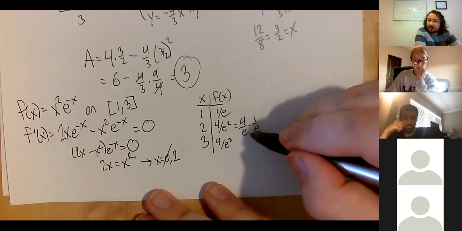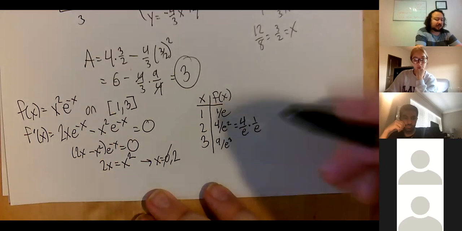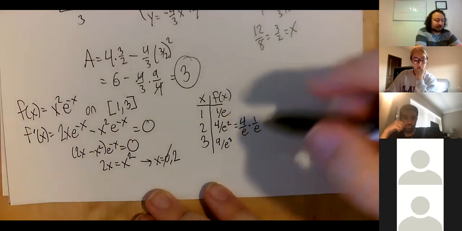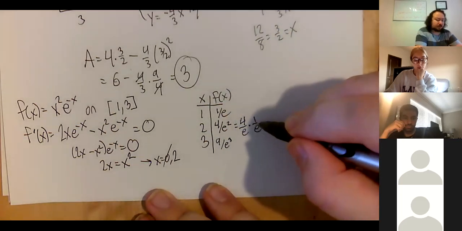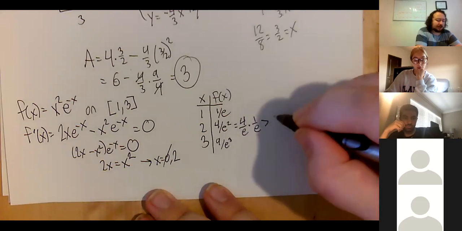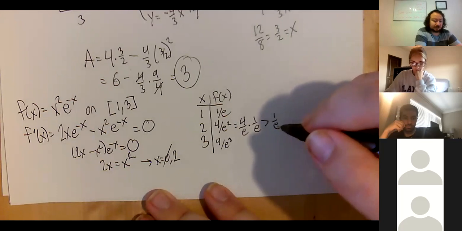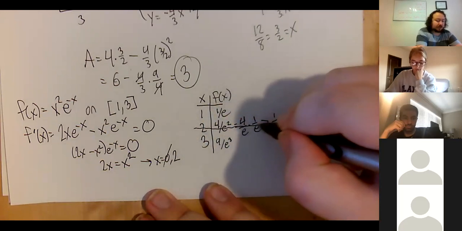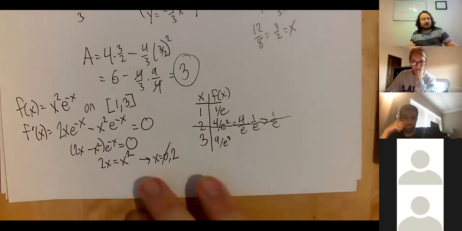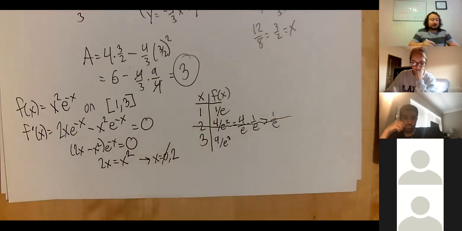Now, 4 over e is bigger than 1, right? Because e is 2.7 something, and 4 is, well, 4. So this number is bigger than 1, and we're multiplying it by 1 over e. That means that this number, whatever it is, is bigger than 1 over e. So we're definitely not including 2 here. 2 can't be a minimum because we know 1 is smaller.